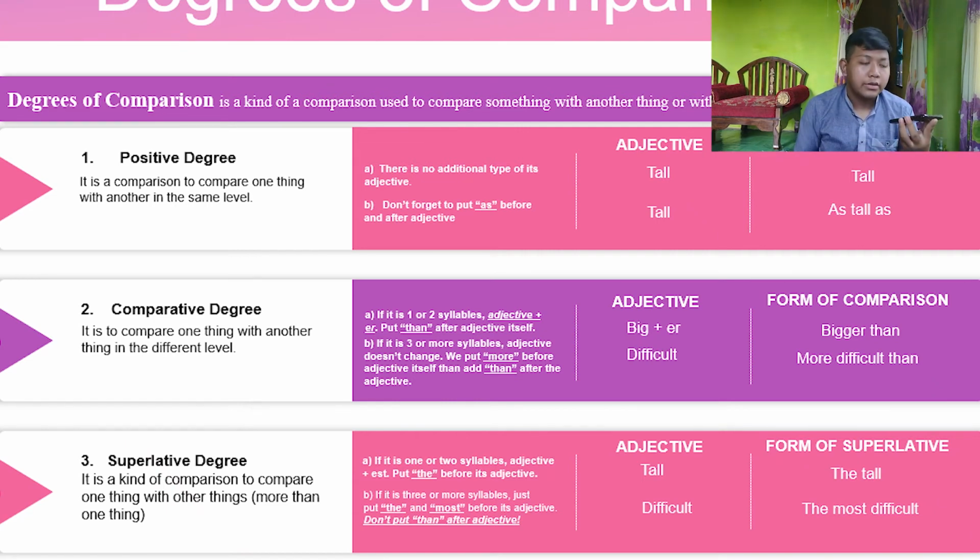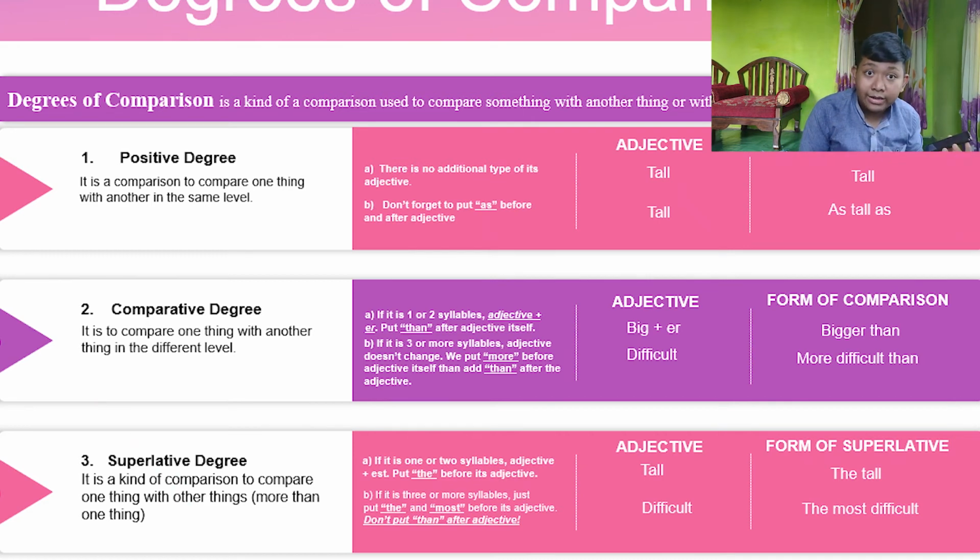The third kind is the superlative degree. Superlative degree is a kind of comparison to compare one thing with other things, more than one thing. Again, same as the comparative degree, this degree has two rules. The first rule: if it's one or two syllables, it's adjective plus est.